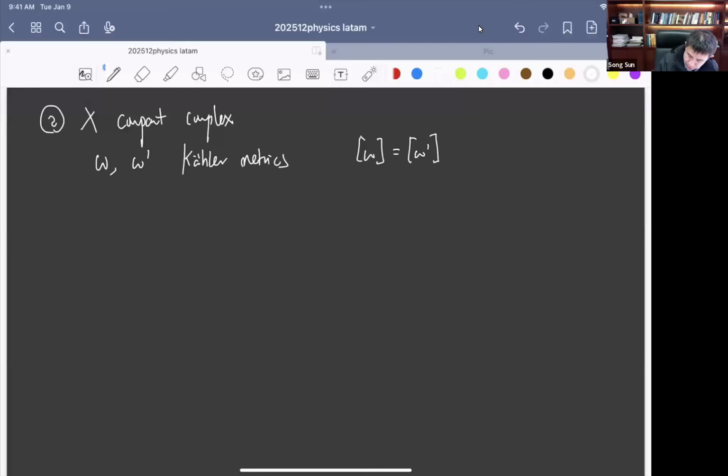This will imply that omega prime and omega differ by square root of minus 1 partial partial bar of a global function phi.